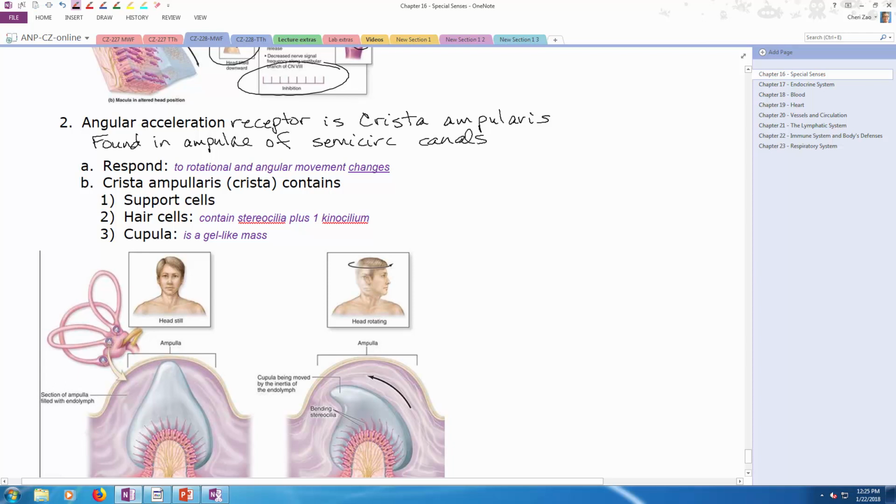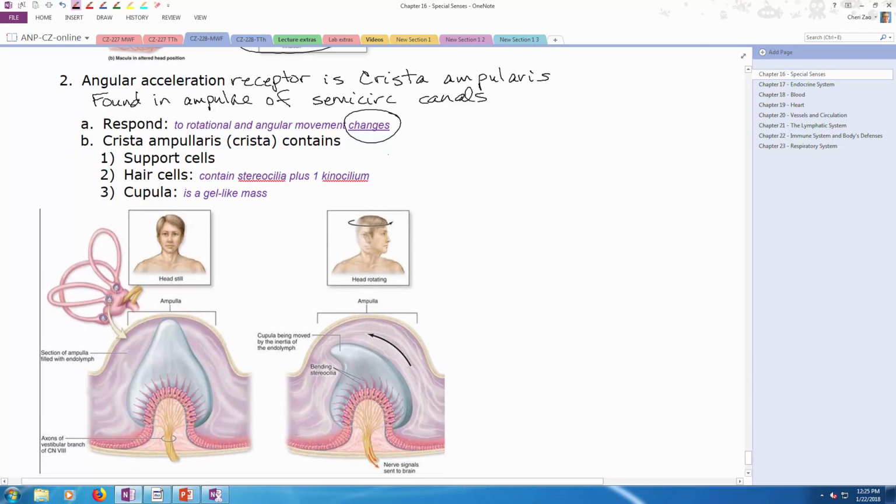And they are going to respond to rotational movement, like a spinning machine, and angular movements, like you're doing somersaults or riding a roller coaster or things along that line. And remember, it is the change that we need to experience. We will end up with the change in our depolarization rate.